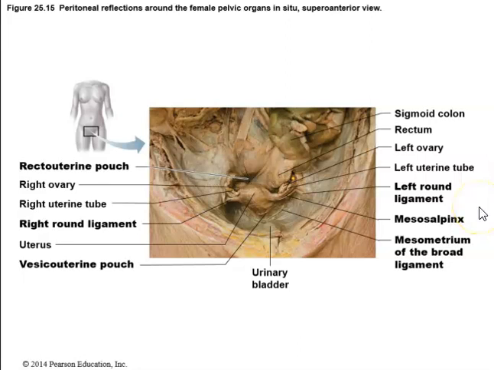So removal of the uterus is called a hysterectomy because the uterus, according to early misogynistic doctors, they thought that the uterus was the origin of their hysterics, or female patients being hysterical, which we know isn't true. It's usually the men that cause hysterics among women, but that's another debate.